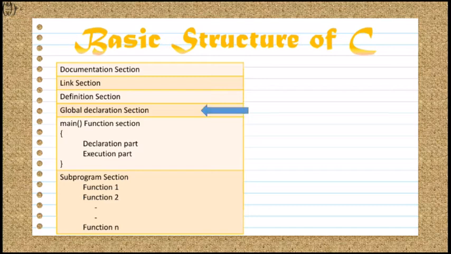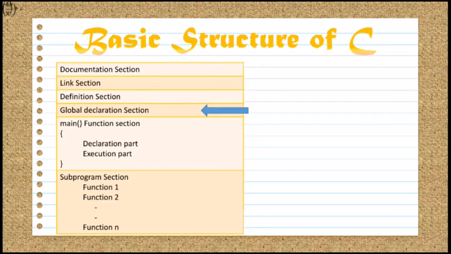Next one is global declaration section. There are some variables that are used in more than one function. Such variables are called global variables and are declared in the global declaration section.